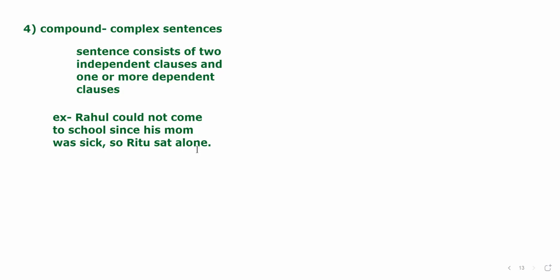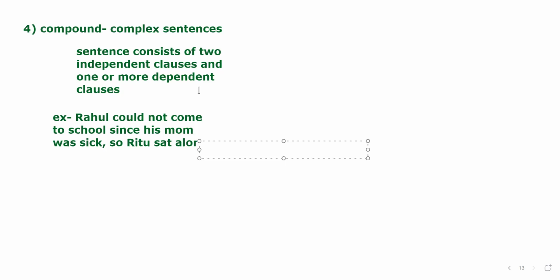Is that clear? Here there should be two independent clauses. So what are those two independent clauses? The first part is: a sentence consists of two independent clauses and one or more dependent clauses. I have given you a short example. Rahul could not come to school. So this is my independent clause.